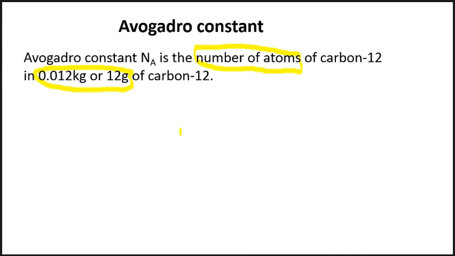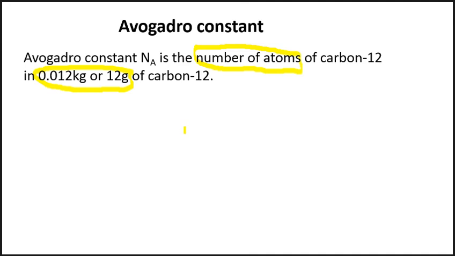Now, knowing full well that this is a constant, that means it comes with a fixed value. Avogadro's constant is 6.02 times 10 raised to the power 23 per mole. I take it again, 6.02 times 10 raised to the power 23 per mole.